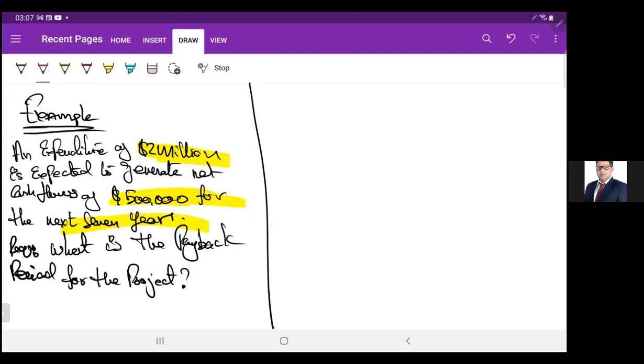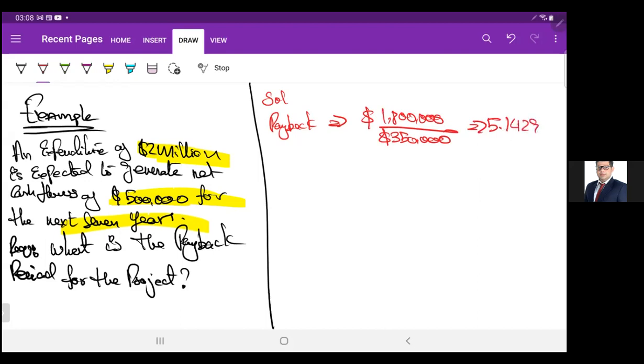Okay, so let us do it. Payback is equal to $1.8 million divided by $350,000, and we will get 5.1429 years.